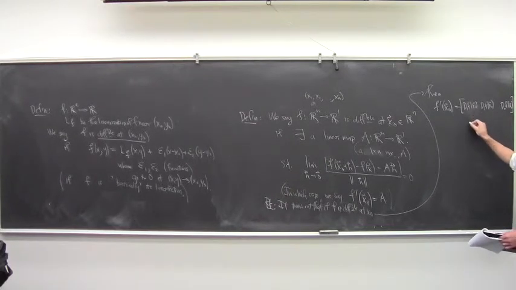Remember, when I write this, I mean f sub 1 or f sub x1. The partial with respect to the first variable evaluated at x naught, the partial with respect to the second evaluated at x naught, etc.